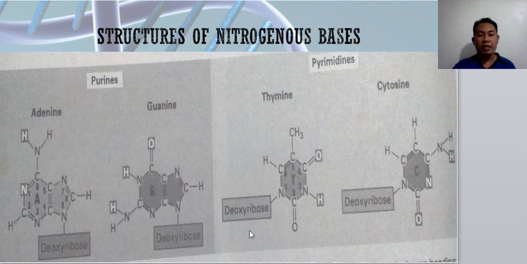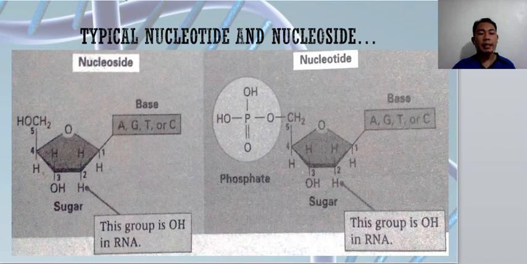In the pyrimidines, the deoxyribose sugar is attached to the nitrogen. Also, in the cytosine, the deoxyribose is attached to this nitrogen. In this slide, the base is at the first carbon, and by convention the atoms of the sugar are given prime numbers to distinguish them from atoms in the base.